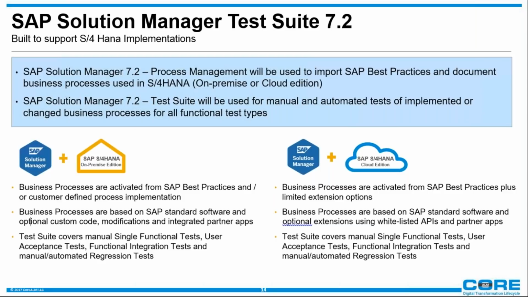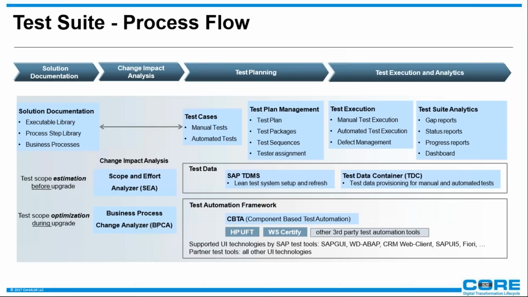So what this means is you can download it when you're building your process hierarchy, the branches, and they give you good examples of how test cases should look and how business processes should be documented that tie in with testing. And Test Suite is for manual and automated testing, or for changed business processes. So as you can see, Solution Manager, HANA, on-premise or cloud editions.